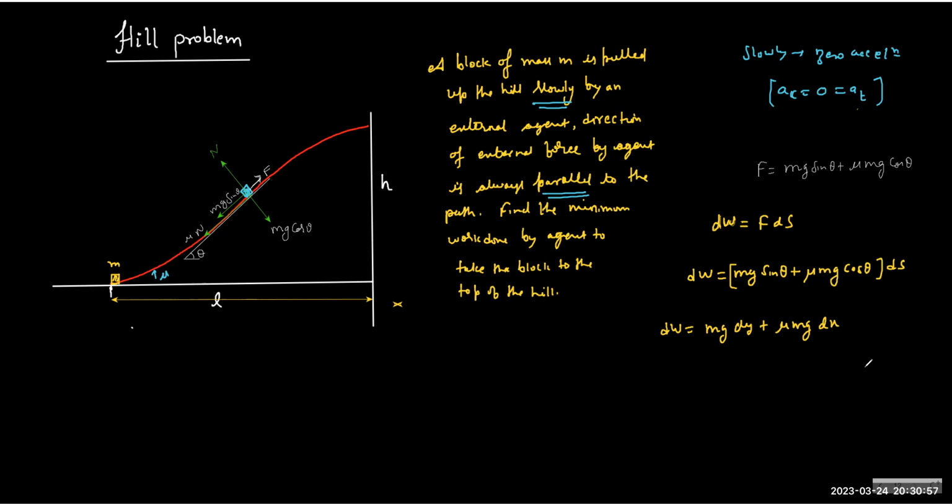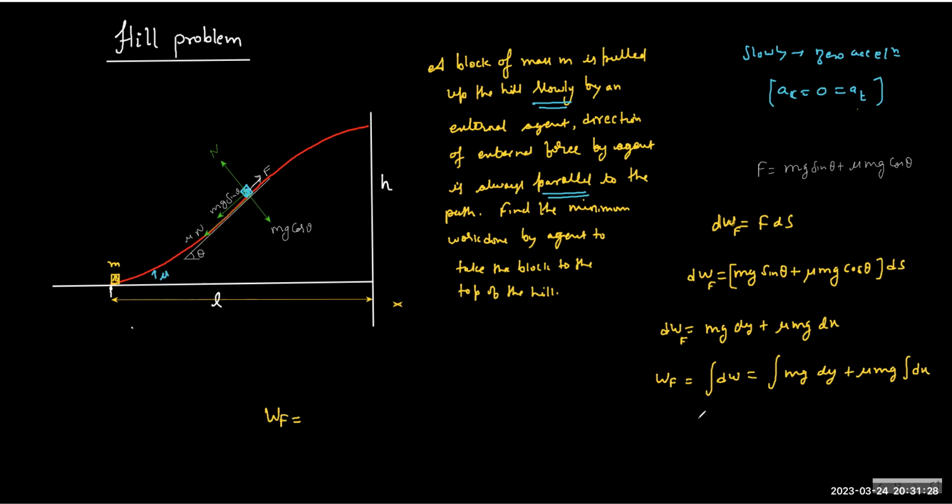I mean, if N is not mg cos theta, we cannot apply. And now this is pretty easy to integrate. So the total work is how much? So don't worry, this is a very famous answer. And one should be aware of these ways of solving.